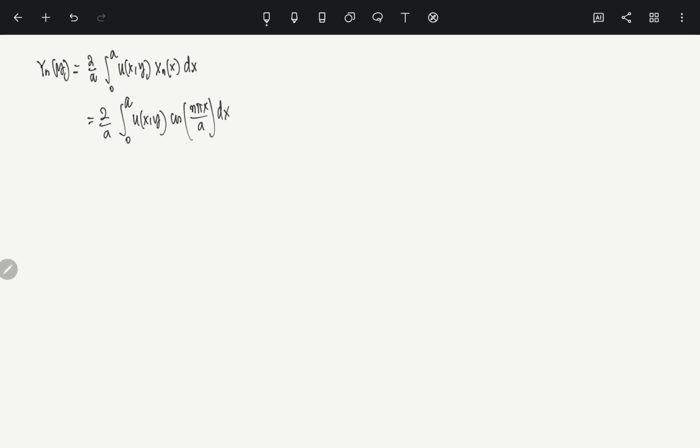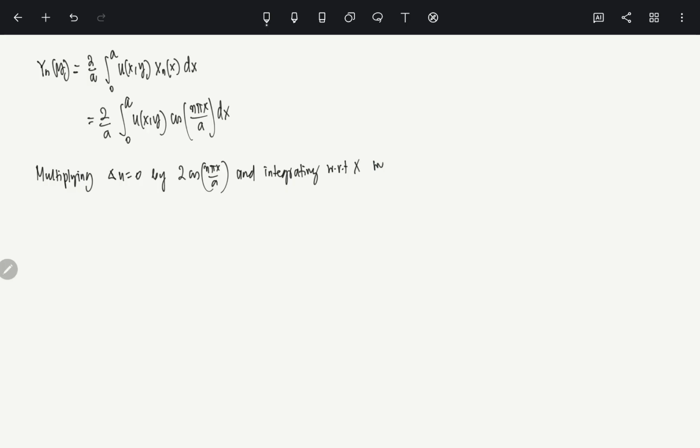Okay. So now you see, if you have the original equation, the first equation, Laplacian of u equals 0. So we are multiplying that equation by 2 by a times cosine n pi x by a and integrating with respect to x from 0 to a.